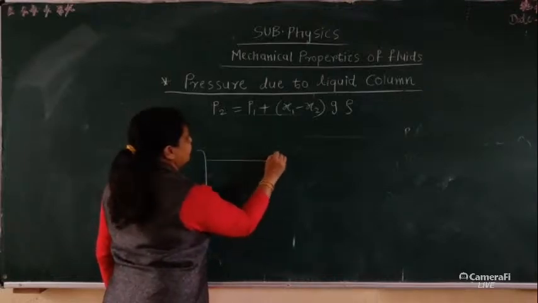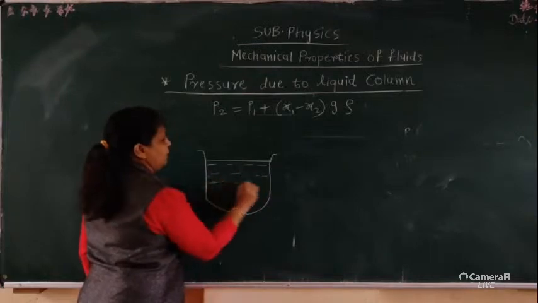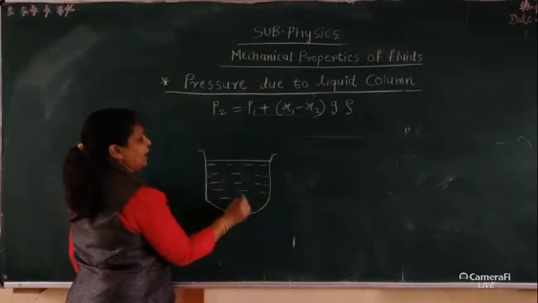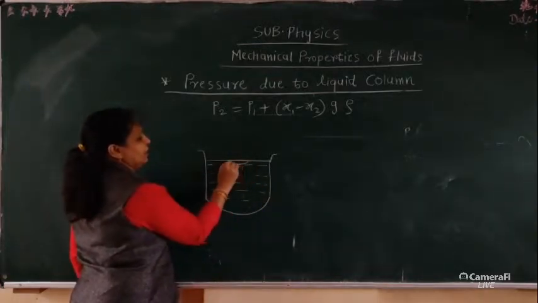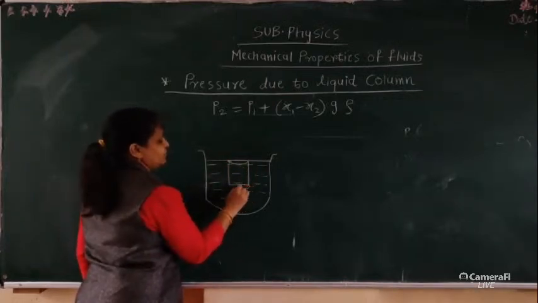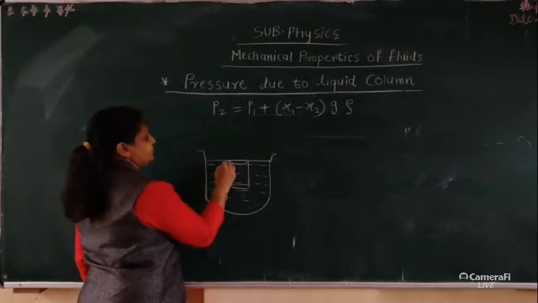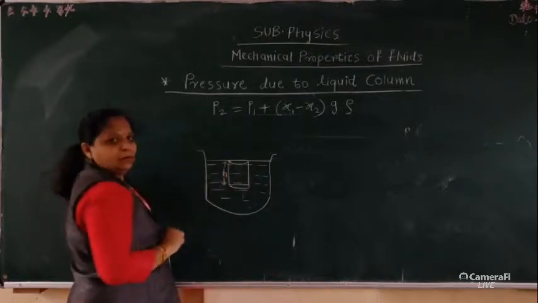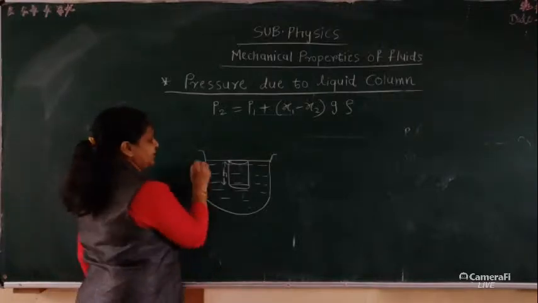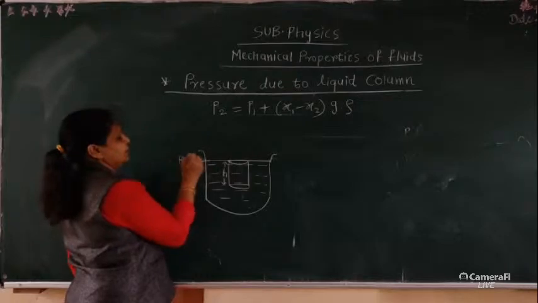Here the vessel which is filled with a liquid and the cylinder, imaginary cylinder whose height is h. Now reference point is here, this reference point is this line.